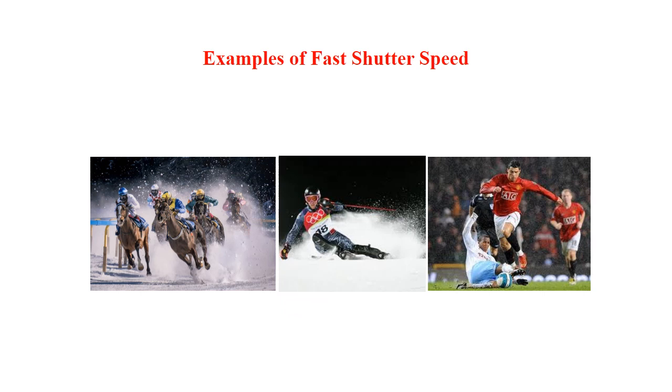The central point, remember, for the fast shutter speed is movement, fast movement. When something is moving very fast, like the trains, like the cricket ball, like football, like other sports, right? When something is moving fast, at that time we need to increase the shutter speed. It is very natural, right?